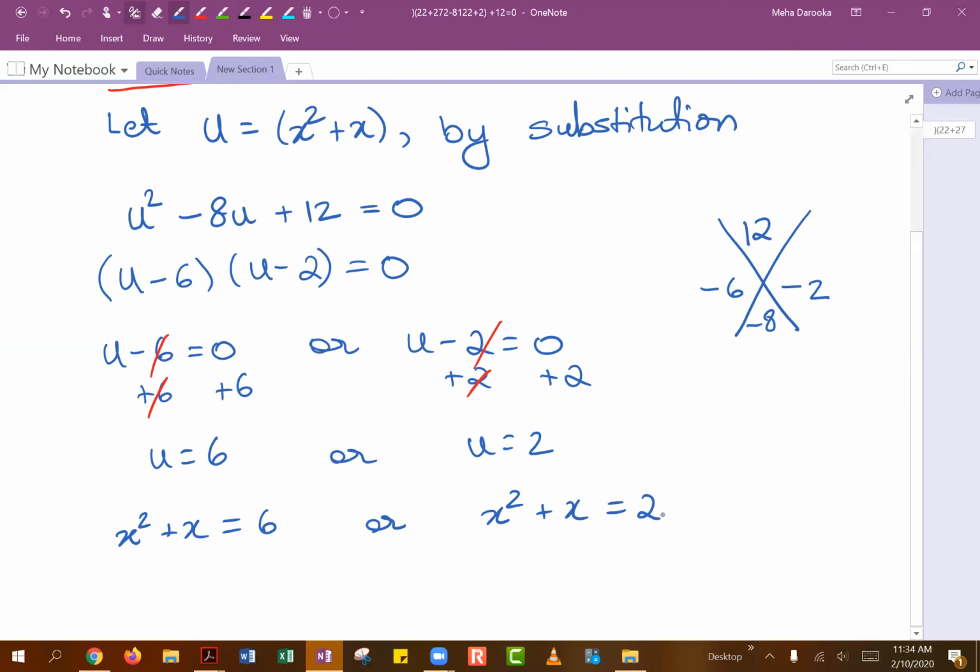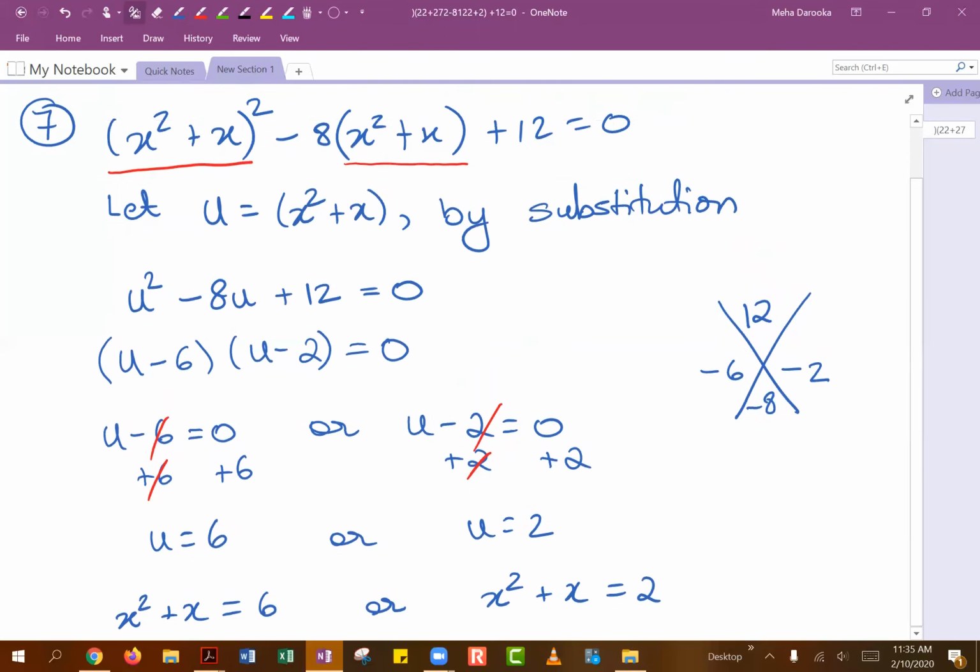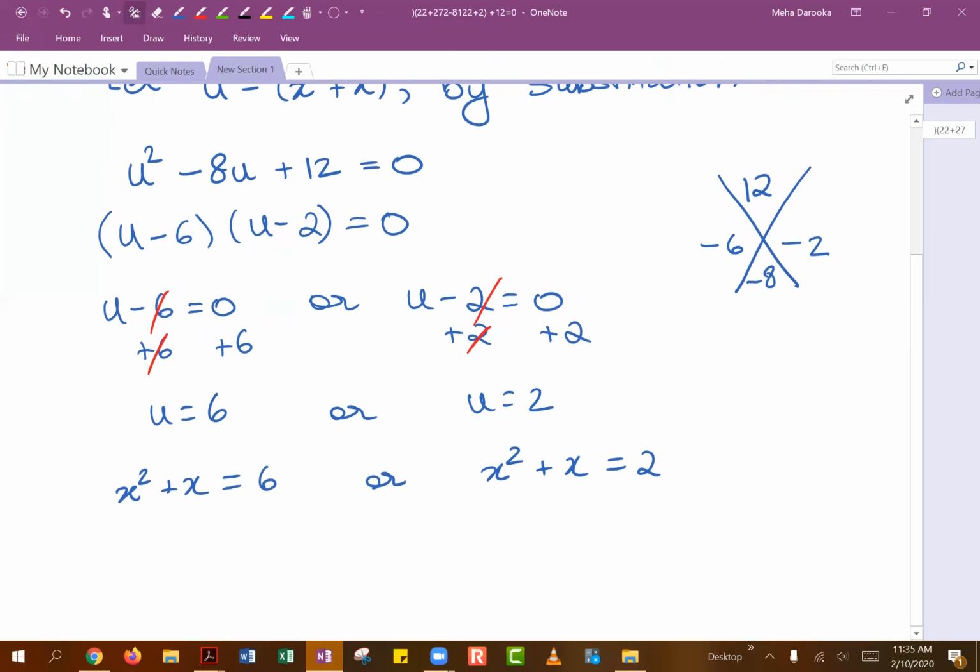You can think of that as being a back substitution, right? Because we're bringing back the original value that you set the u equal to. Now, this is a unique example compared to what we looked at in example 6 last time. Since you have an x squared plus x on the left-hand side, that x squared is telling you that you have, again, quadratic equations here. So in this case, I would go back and move those 6 and 2 to the left-hand side, get your trinomials, and then I would try factoring. If factoring doesn't work, then I would try the quadratic formula to solve each of those two branches.